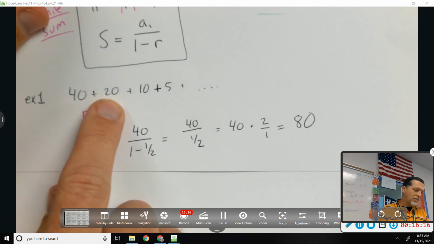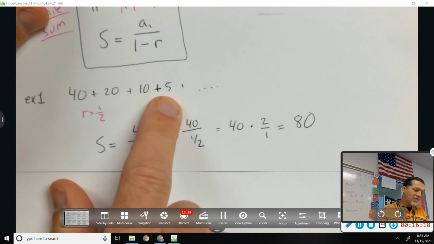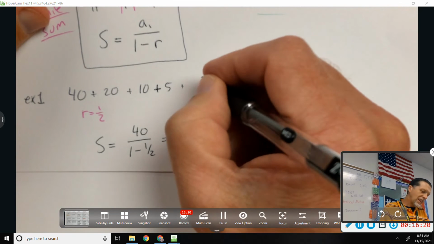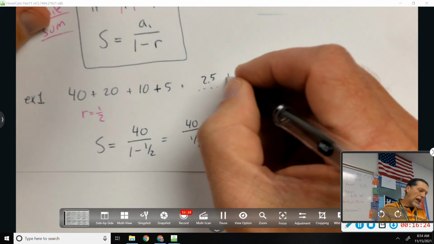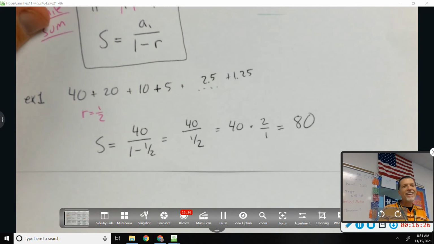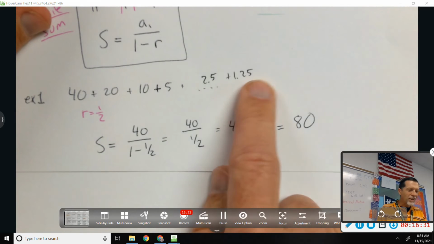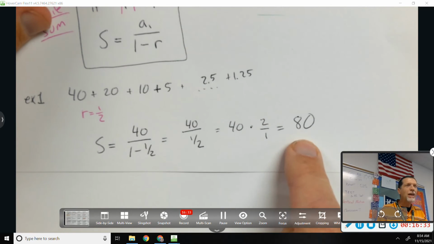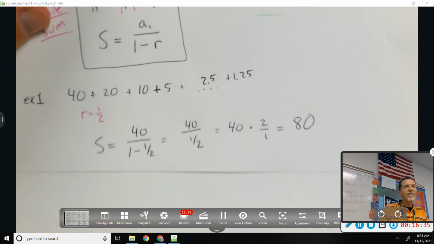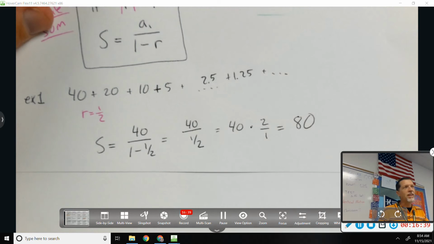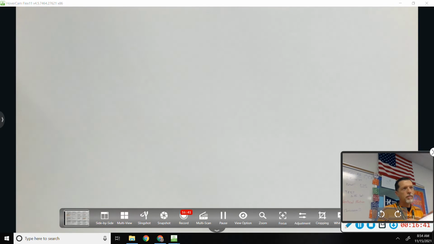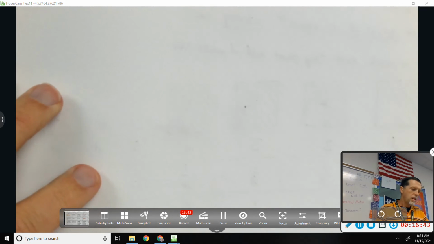Let's see, that'd be 60, 70, 75, 77.5. Even if you kept going with decimals, you would never get to 80. But we're not going to stop. We're going to go to infinity.